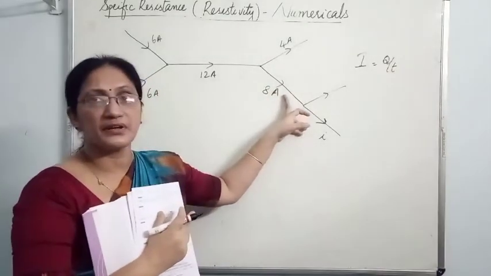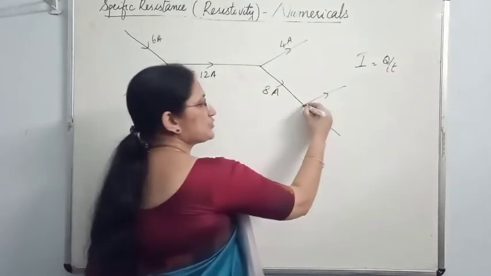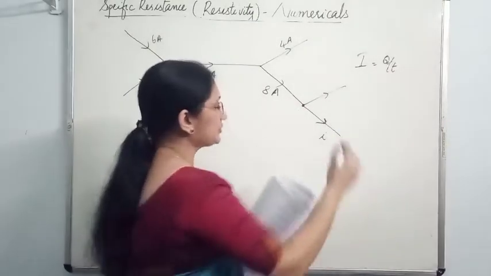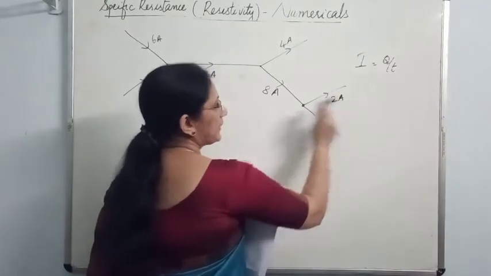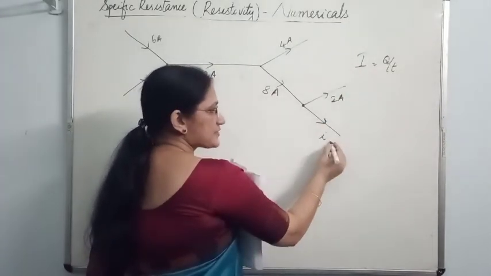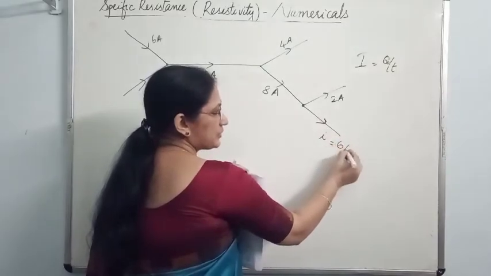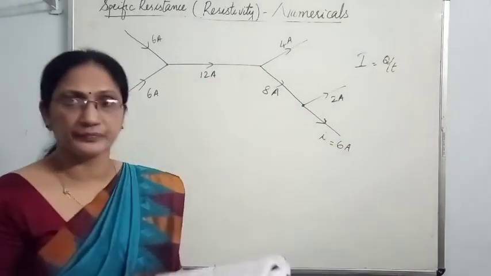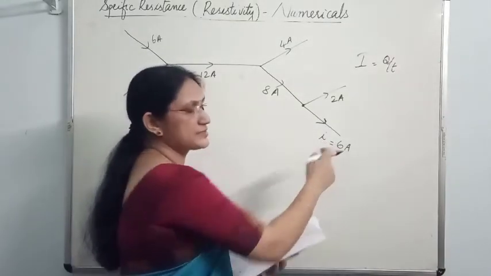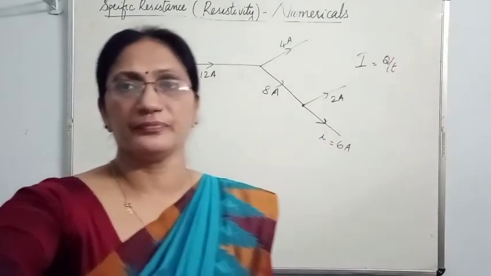This 8 ampere current again splits into two parts at this point, and the current through this branch is given as 2 ampere. Out of 8 ampere, 2 ampere went in this branch, which means the remaining current in this branch will be 6 ampere. So current I, what you are asked to find out, is 6 ampere.